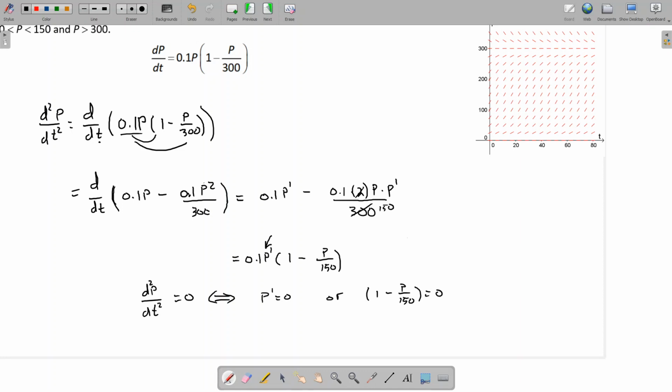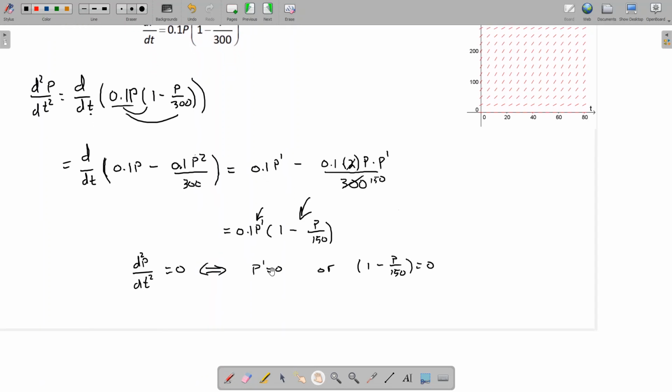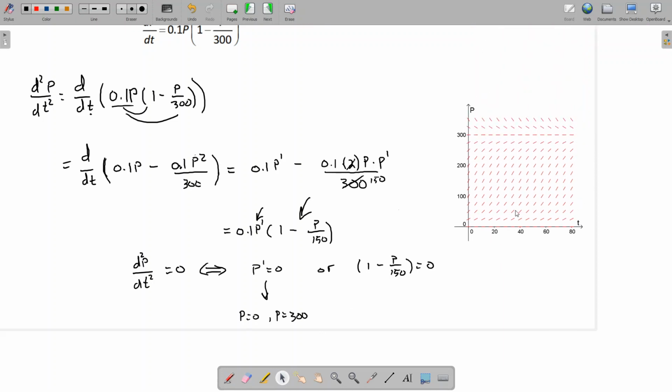Either this term is 0 or that term is 0 for the second derivative to be 0. So we already know when this is true, right? This is true when p equals 0 or p is equal to 300. Right? That's what was given above in our slope field.